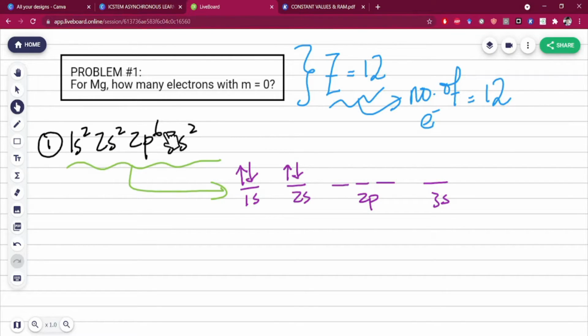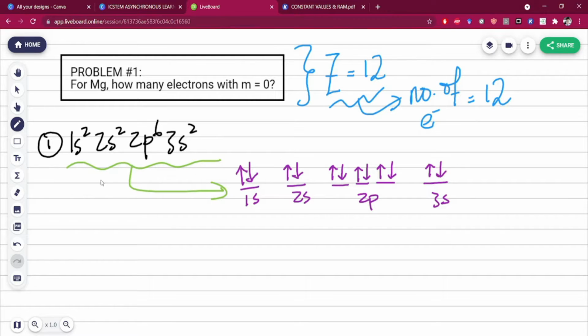And you have 6 electrons over here. Just going to fill that in. So 1, 2, 3, 4, 5, and 6. And then we have 2 electrons in 3s. We have 1 and 2.